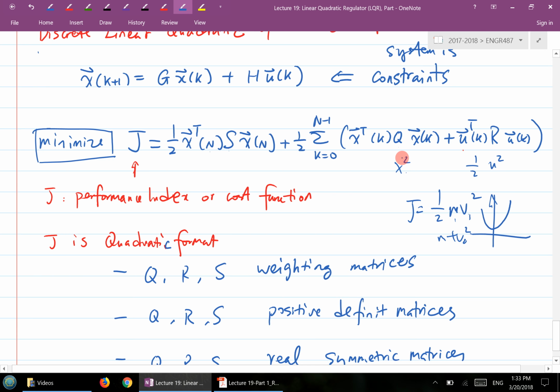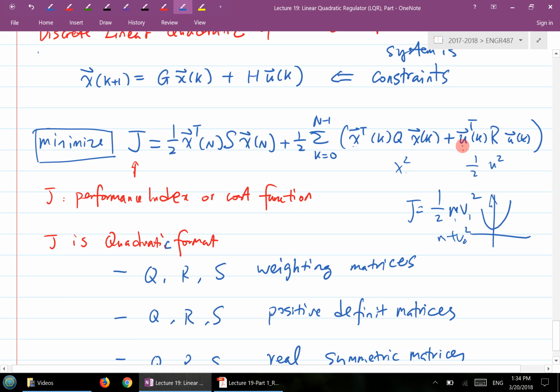So if you're minimizing the J, what are we minimizing? We're going to try to minimize the control input to the system. At the same time, we're also trying to minimize the x here. If you want the J to be small, then you have to have a small x and a small u.